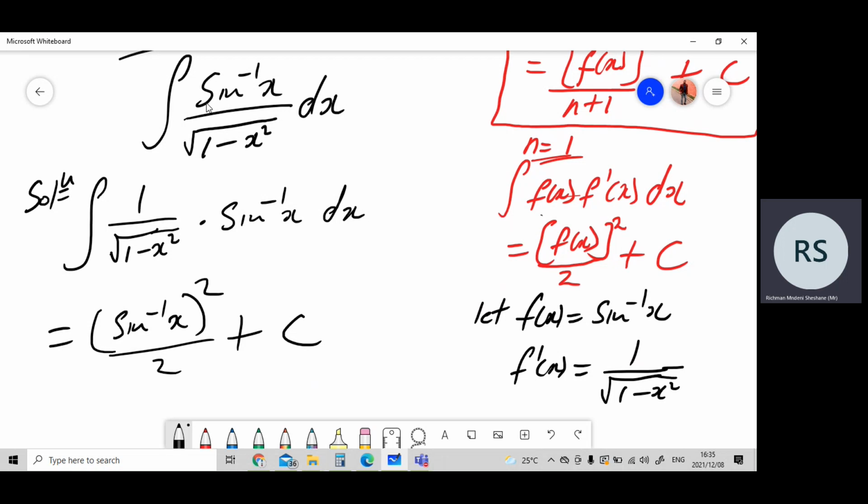If you see algebraic functions and they want the integral of that, think of using this standard integral, because it can help you to evaluate your integration.